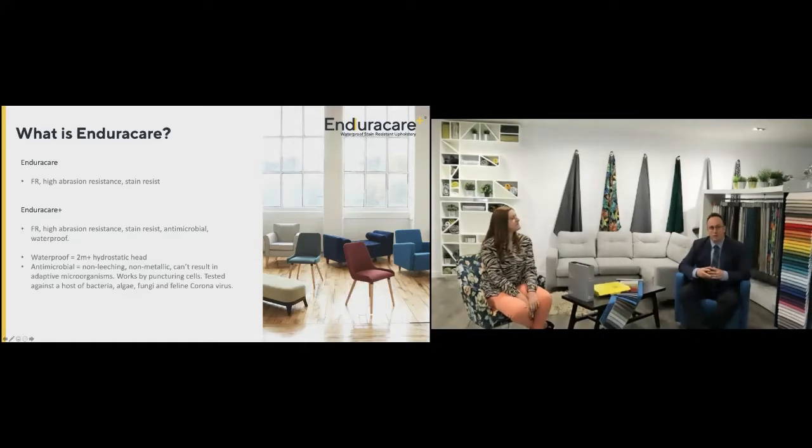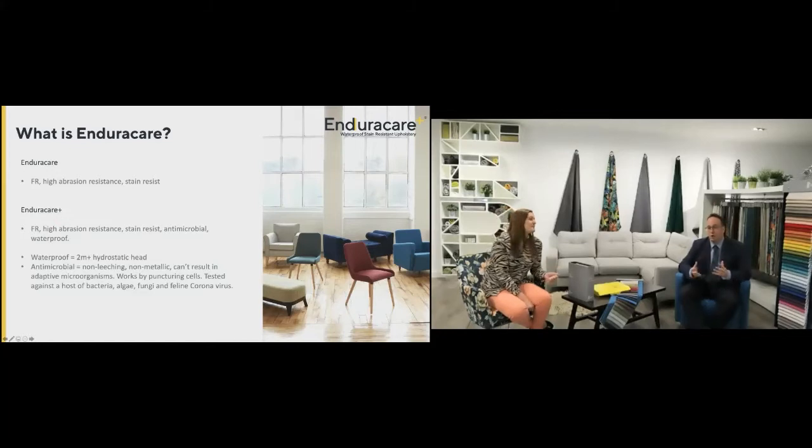But from a very basic point of view, DuraCare is literally a flame retardant, stain resistant upholstery fabric. DuraCare Plus is a stain resistant, flame retardant, antimicrobial, waterproof fabric. So there's one that's bulletproof, and one that's really, really strong in most contract settings.